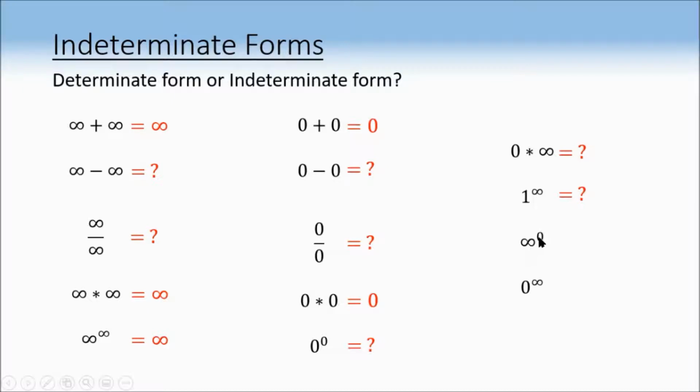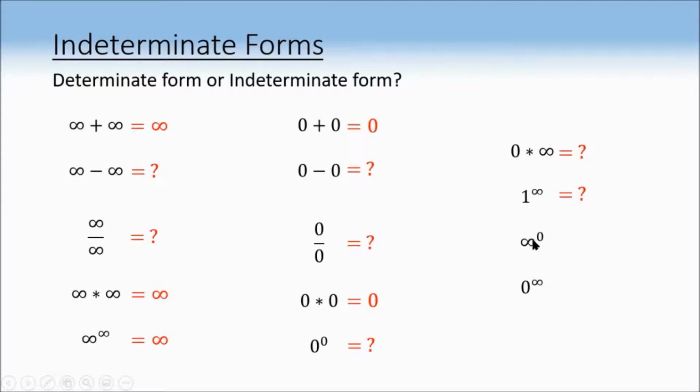A big number to the power of 0? What do you think? Big numbers multiplied by themselves are always bigger, except if you think of an exponent that is close to 0, that's like a root or a radical, like the square root of a big number is actually smaller than the original number.